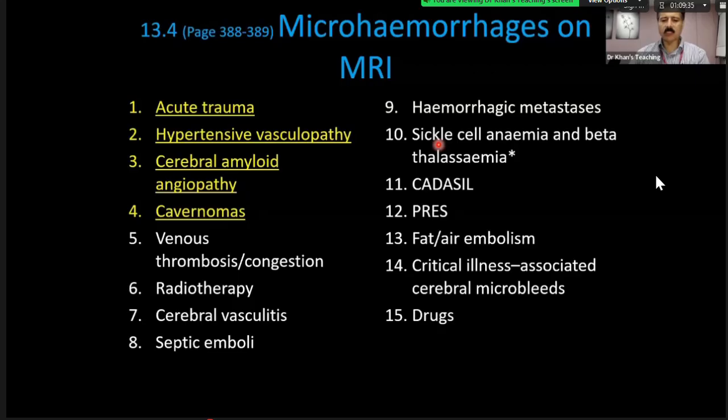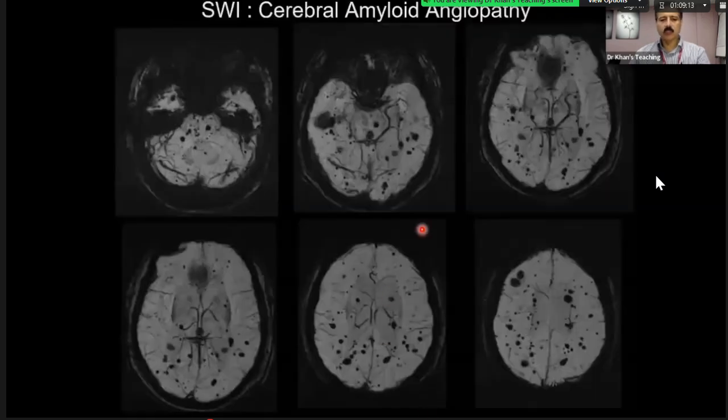You can well imagine that this patient can come as a long case also: something in the brain, and with that some stigmata of sickle cell in another part of the body. So septic emboli, of course, is an exam case, which you have already mentioned.